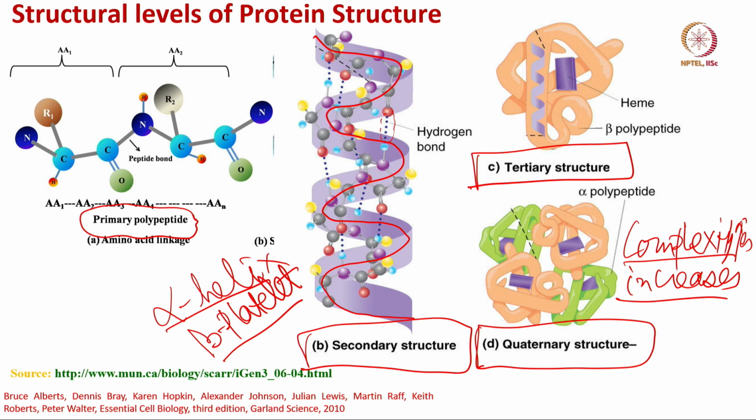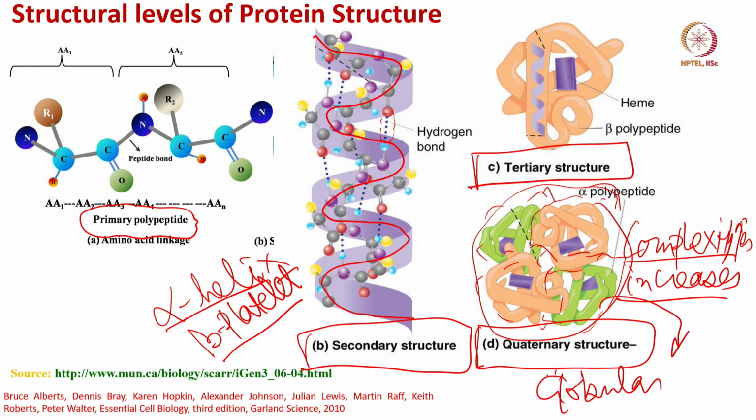In the quaternary structure, you can consider this as one particular domain and this as another domain, these two coiled domains, and then you have other types of domains as well. So, you can have alpha polypeptide or beta polypeptide, these different polypeptide structures, and then they make a more globular form. These are globular protein structures.